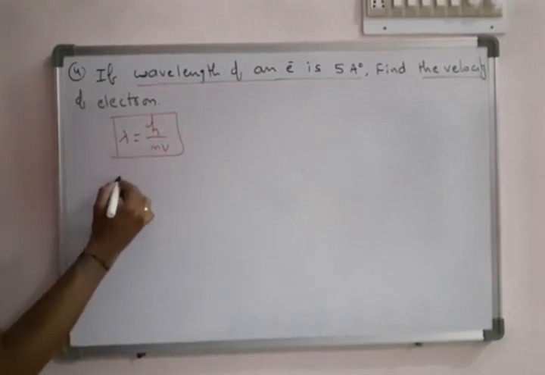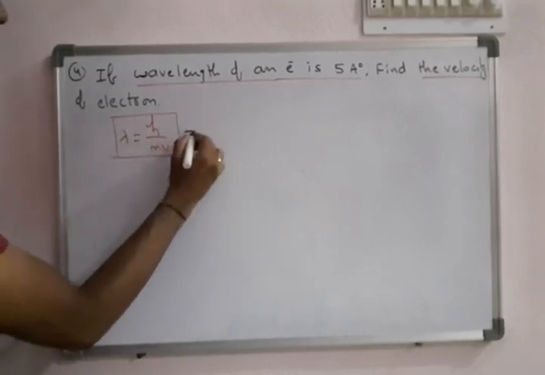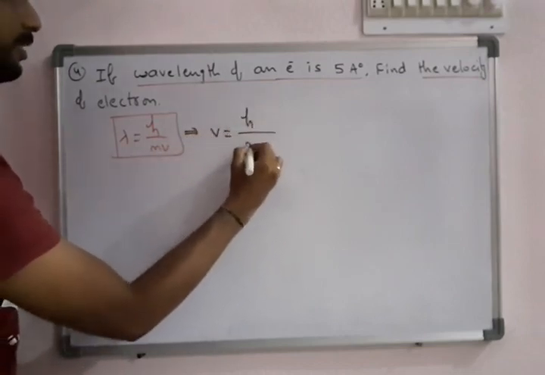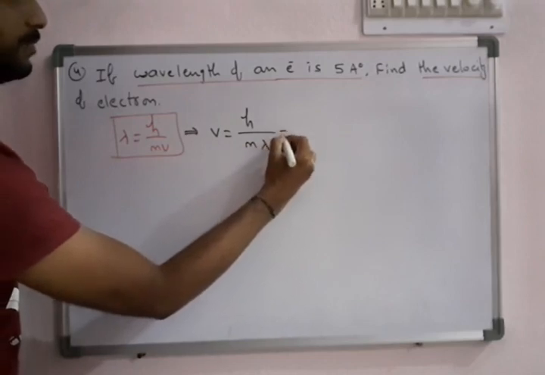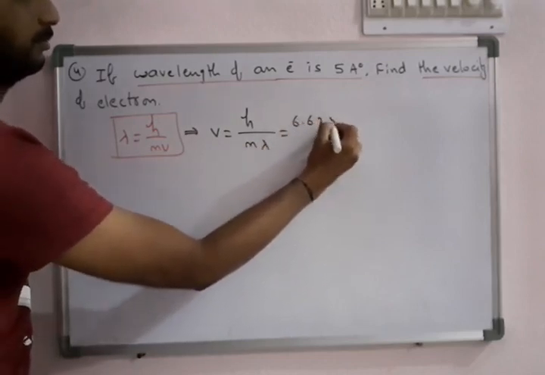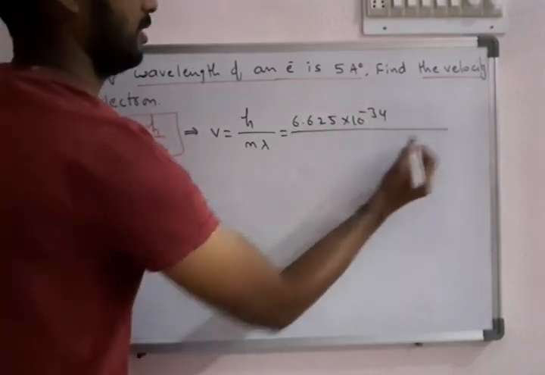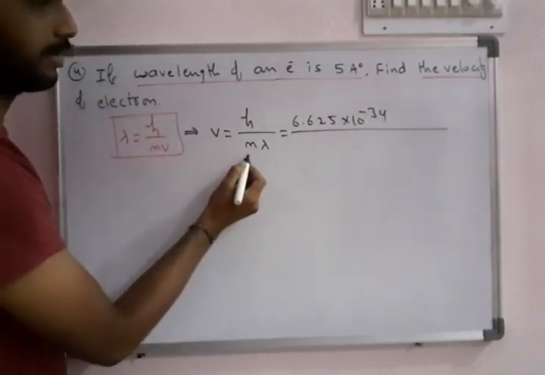So the lambda is given, we need to find the velocity. So what is v now? v is h by m lambda. Here mass is not directly given.